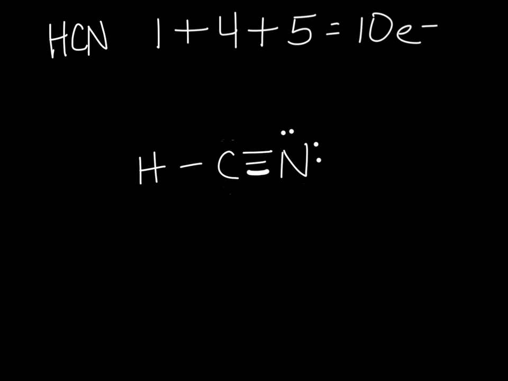So those go away, and those go away. Now let's add up the total and see what that will be. All right, 2, 4, 6, 8, 10. Finally, okay, so now it matches with 10.